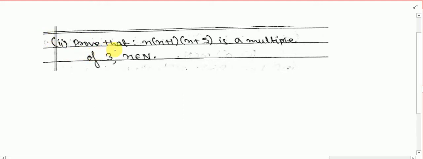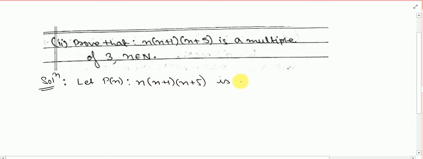Here he says, prove that n plus 1 into n plus 5 is a multiple of 3 for all natural number. Solution: let P(n) be n plus 1 into n plus 5 is a multiple of 3.